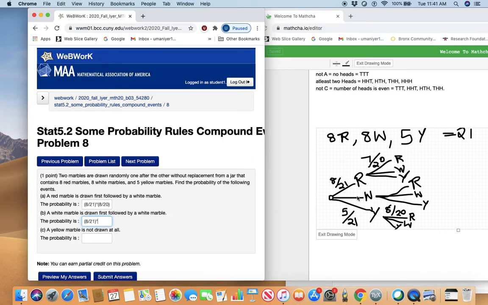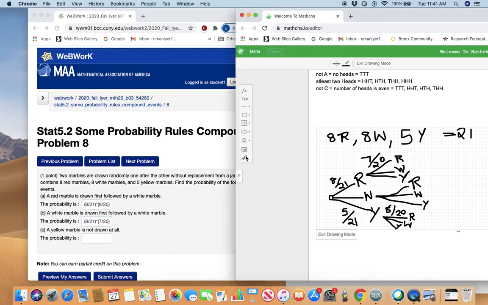So 8, 1 of the white is gone, so 7 are left. 1 of the marbles is gone, so 20 are left. The next one is a yellow marble is not drawn at all. So you don't want either this branch or this branch or this entire branch. You don't want any of this.